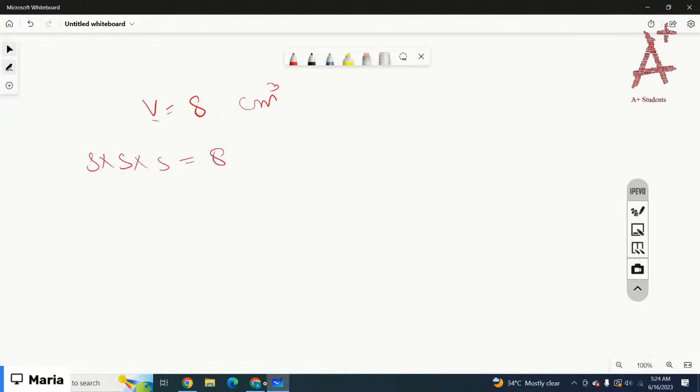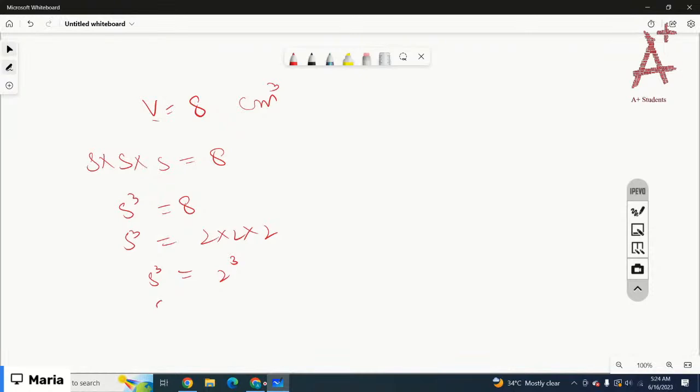That means side cube equals 8. So we can write 8 as 2 times 2 times 2, and we can write it as 2 cube. So see, they both have the exponents equal. When the exponents are equal, that means the bases are equal. So that means the side length equals 2. Got it? Now you have the side lengths of the cube.